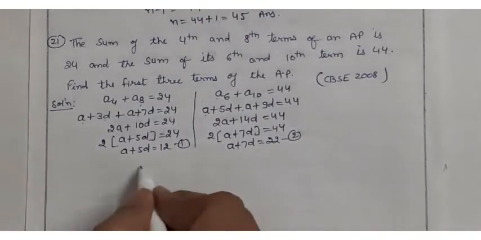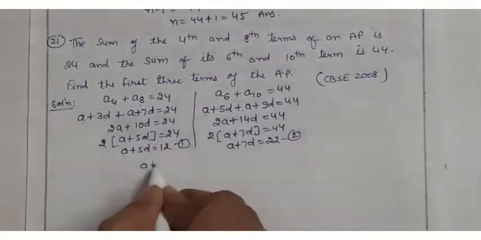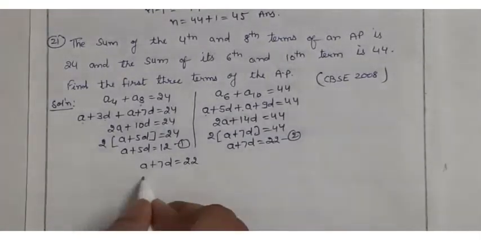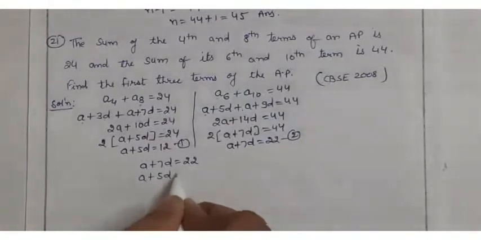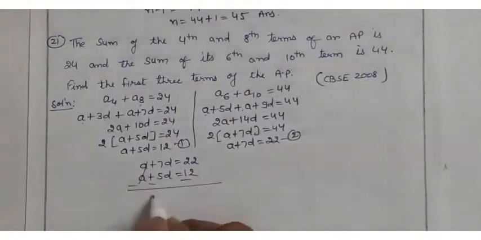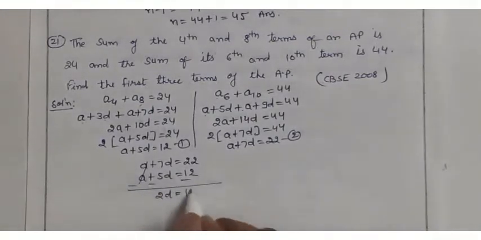Then by solving 1 and 2 by elimination method, A plus 7D is equal to 22 and A plus 5D is equal to 12, on subtracting, so what will be 2D? This is 10. D will be what? 10 upon 2 is 5.